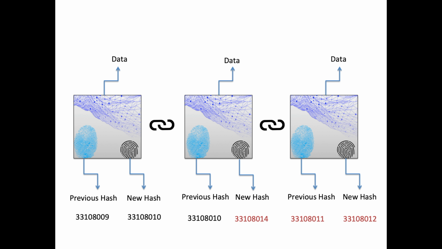If the previous hash was 331080010, and somebody altered the new block, that block has a completely different code. That code could be 331080014. Now, when it checks the previous block and says, hey, I'm supposed to be 10 and the next one's supposed to be 11, but it's 14, it denies the entire rest of the chain. So from this point on, everything will be invalid. As you can see, it'll throw off 14 to 11, and that will not work anymore.